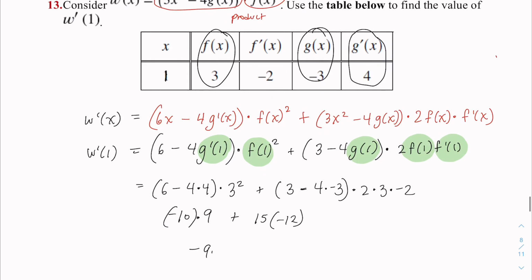So I have negative 90 minus, so my final answer is negative 270.